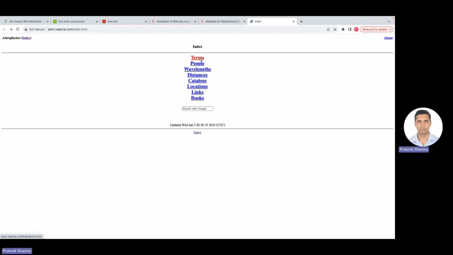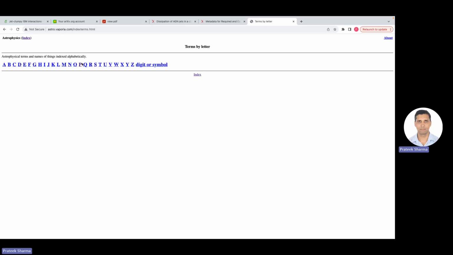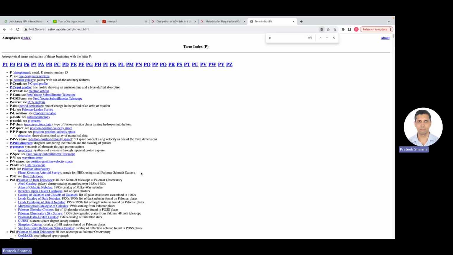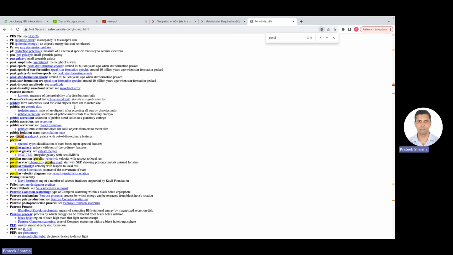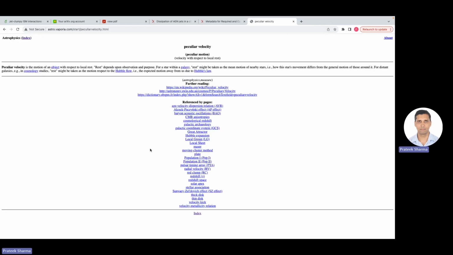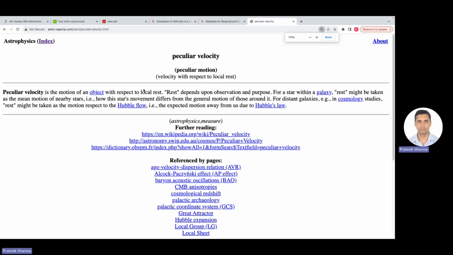How do I search it? Okay, let's go alphabetically. So peculiar galaxy, motion, peculiar velocity. Here it is. Peculiar velocity is the motion of an object with respect to the local rest. Rest depends on the observation and purpose. Blah blah blah.